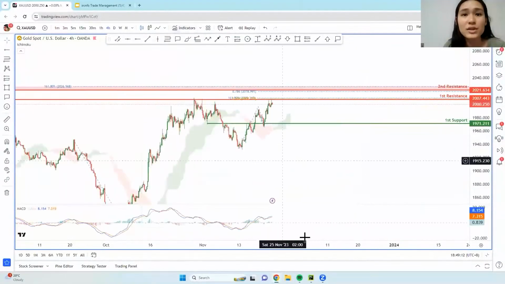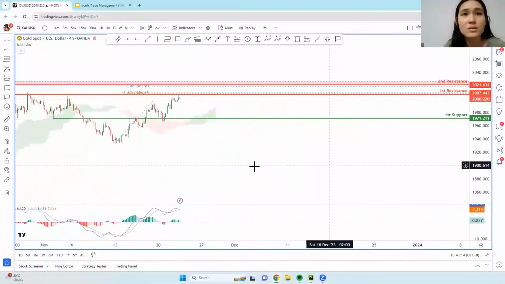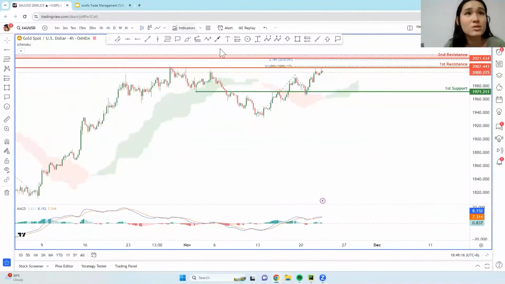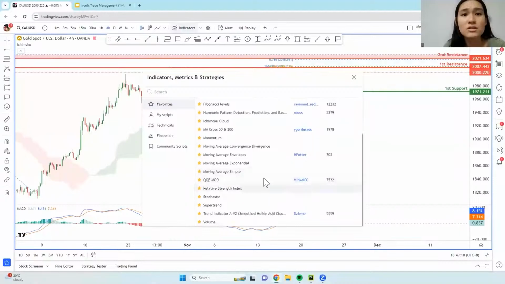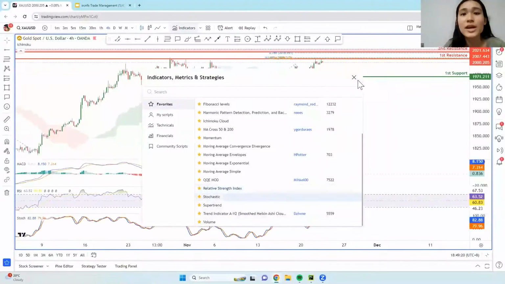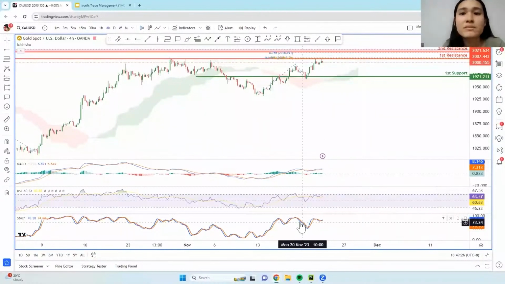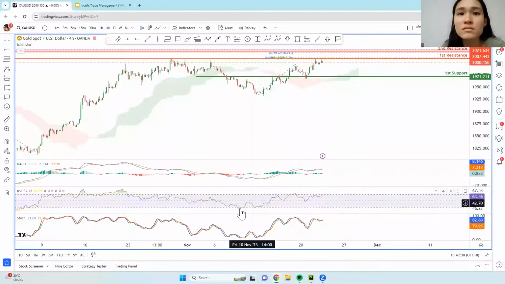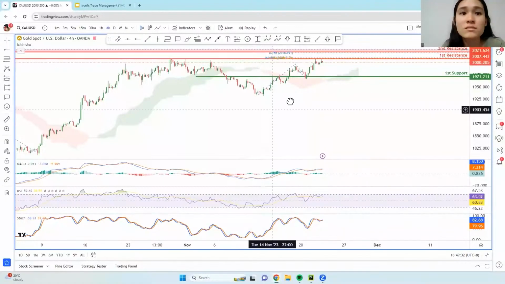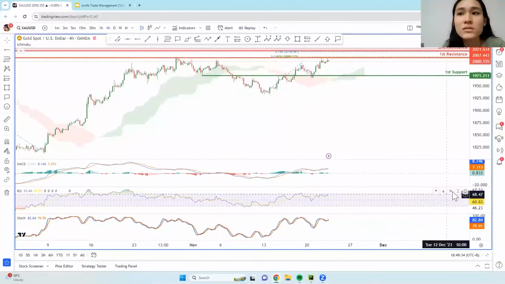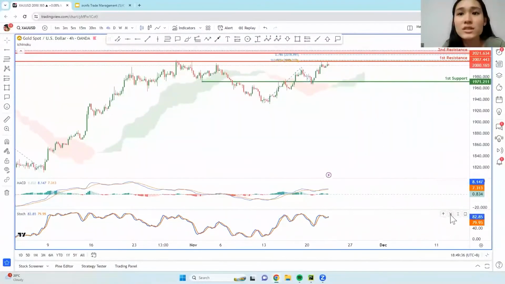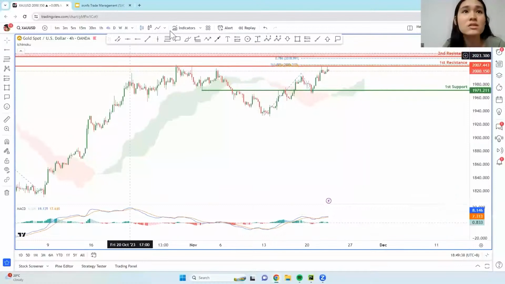Price is moving above the Ichimoku cloud, so it's giving us a bullish signal. MACD is also giving us a bullish signal. Let's look at RSI and stochastic. These aren't really telling us much.